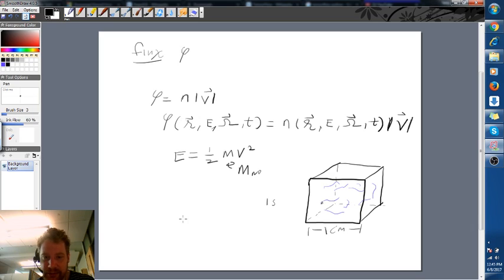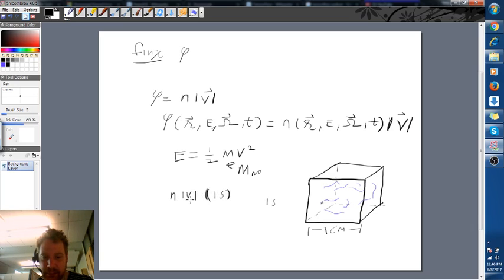And that kind of makes sense from our definition here, because if we were to multiply this by, we can multiply any equation by unity without changing it, and we multiplied this by 1 second, this would give us velocity times a time equals a distance.